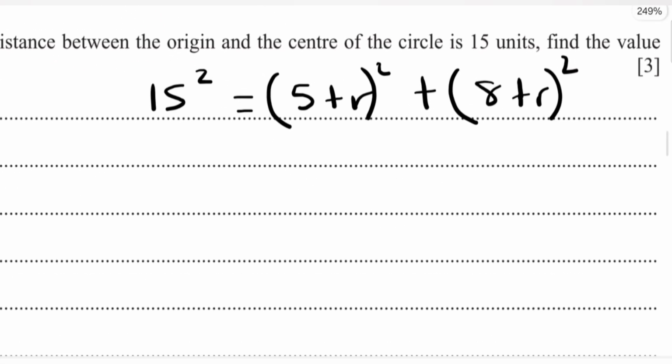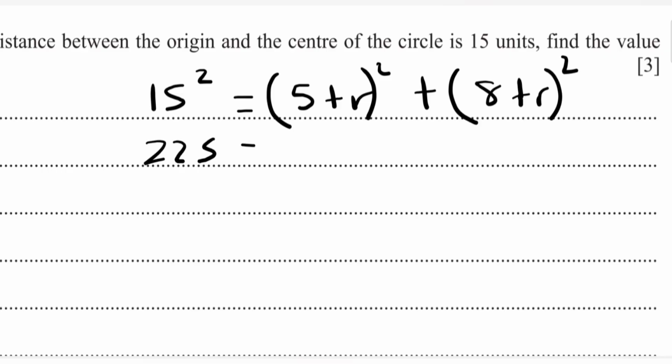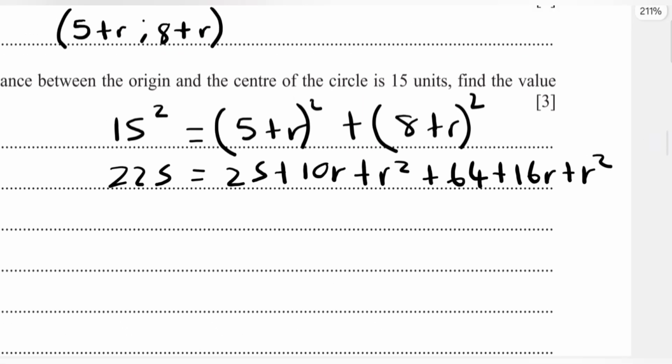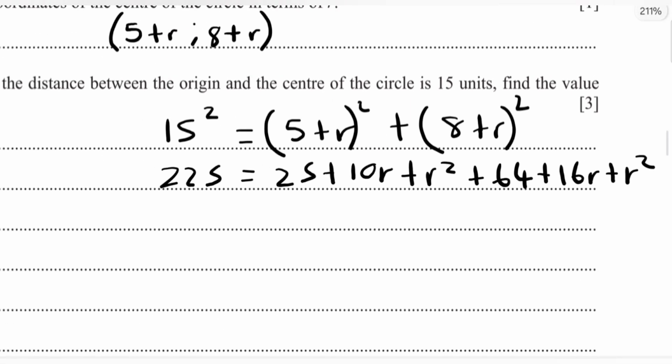So now simplifying that, we get our 15 squared, which is 225, being equal to 25 plus 10r plus r squared plus 64 plus 16r plus r squared, right? So we're now left with collecting like terms.